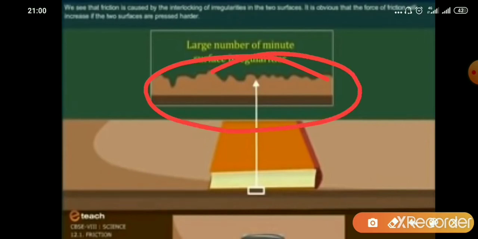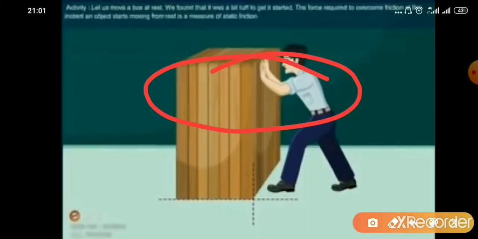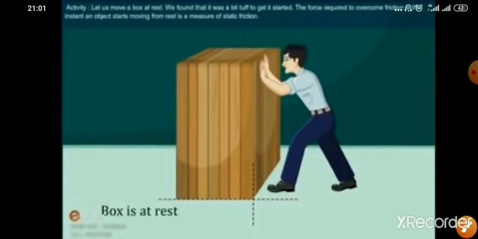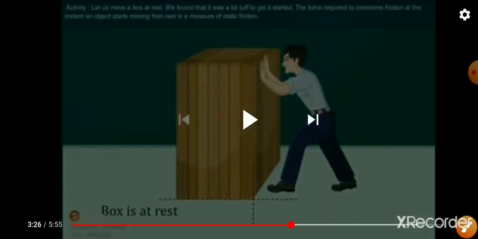When we attempt to move any surface, we have to apply a force to overcome the interlocking. On rough surfaces, there are a larger number of irregularities.